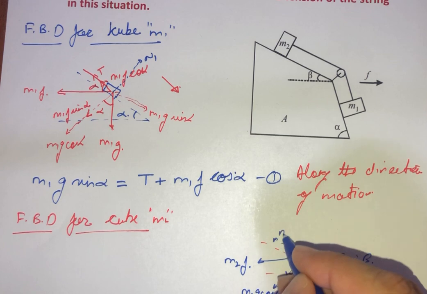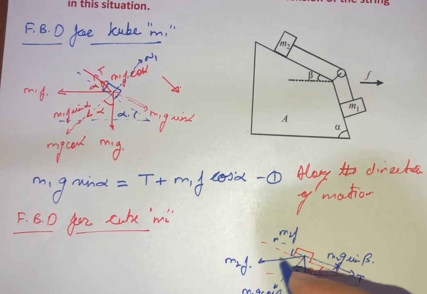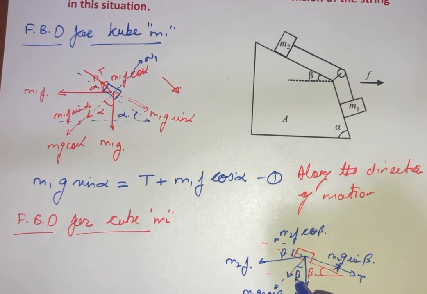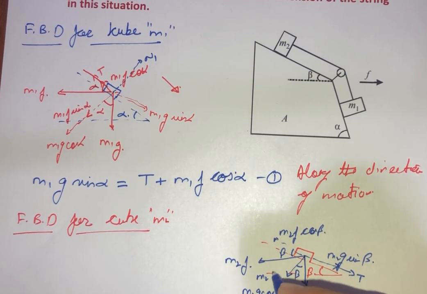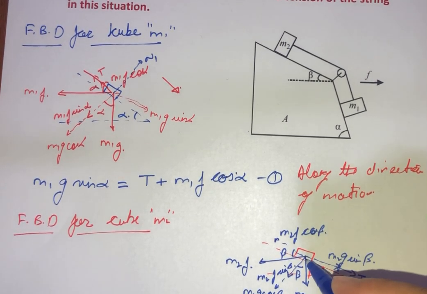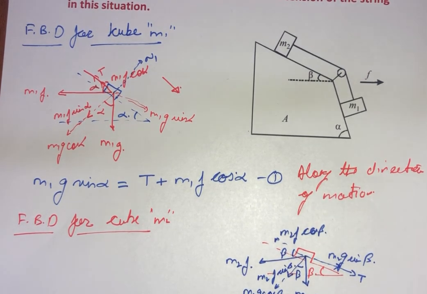So we have here M2, this will be our beta, so M2F cos of beta, and this will be M2F sin of beta, and obviously there will be a normal, but we do not consider it because we are only considering the direction of the motion.